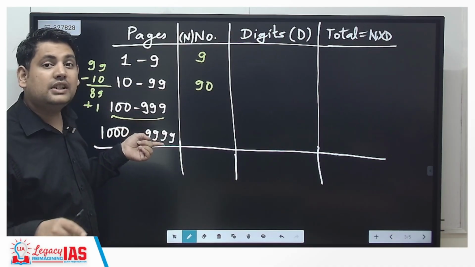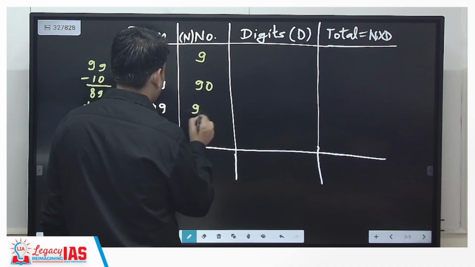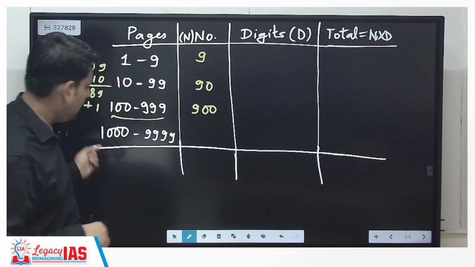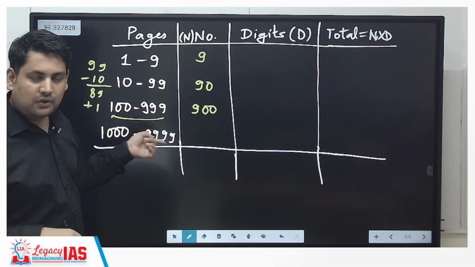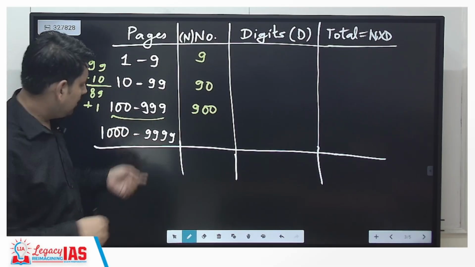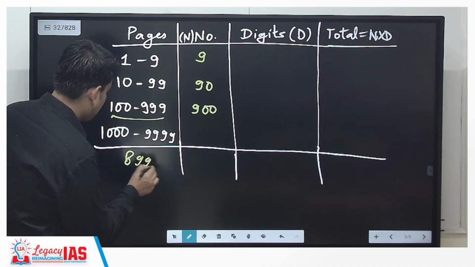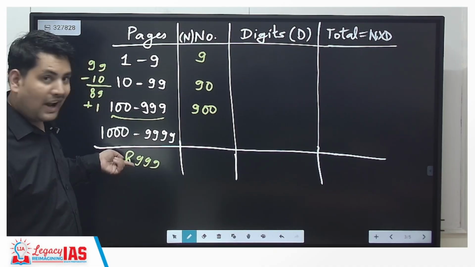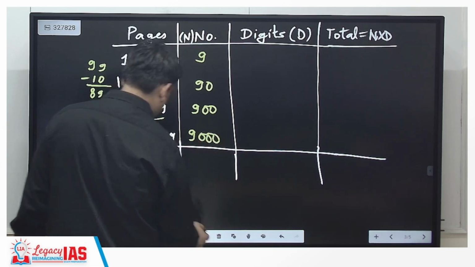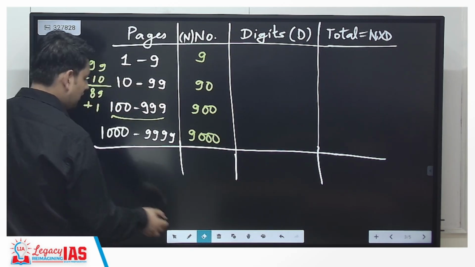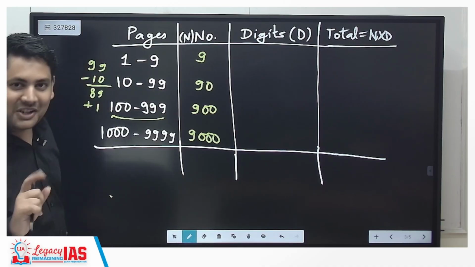What you get? 899 plus 1, 900. Similarly, if you go from 1000 to 9999, what you get? 9999 minus 1000, you get 8999. Now you add 1 to it. What you get is 9000. Understood how you subtract and count number of pages?